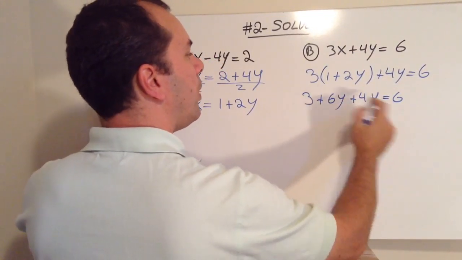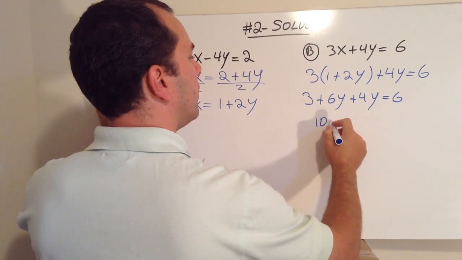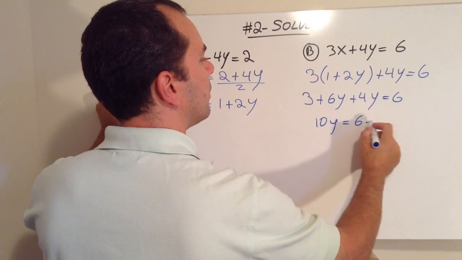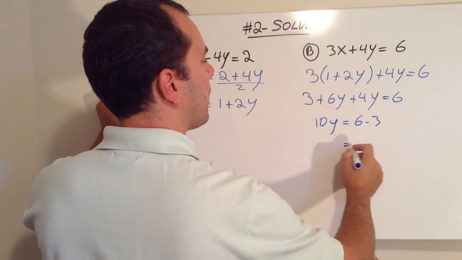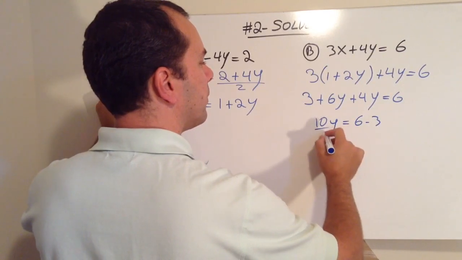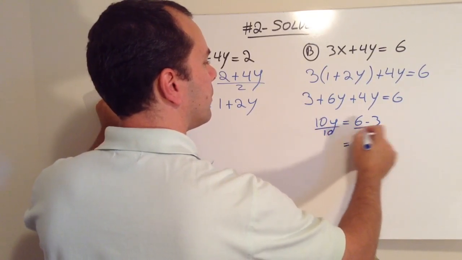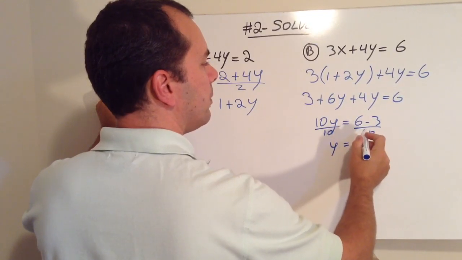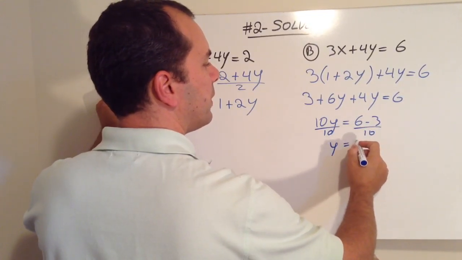Now I'm going to have 10 y's on this side, 10 y's, equal to 6 take away 3. And now I divide both sides by 10, and I get that y is equal to 6 minus 3, which is 3 over 10.